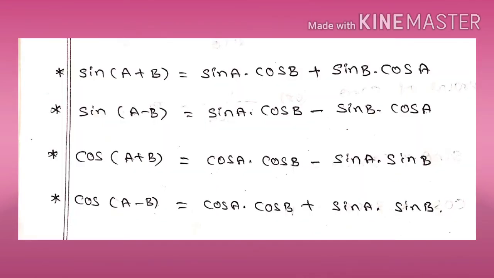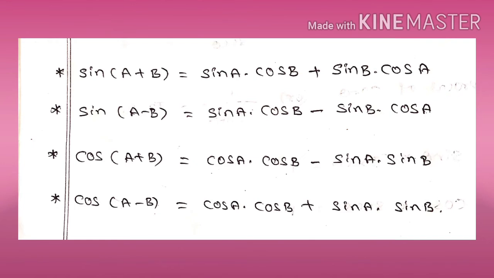Now the next one, sin A plus B is equal to sin A cos B plus sin B cos A. If it is minus, sin A minus B is equal to sin A cos B minus sin B cos A. Same but negative, right? In the case of cos, cos A plus B is equal to cos A cos B minus sin A sin B. Here plus becomes opposite minus because cos is a decreasing function.